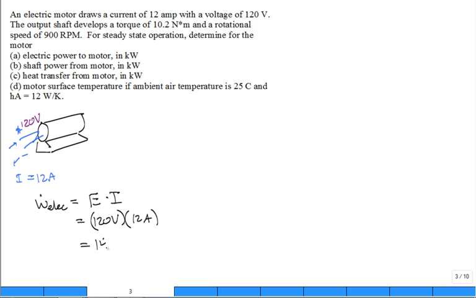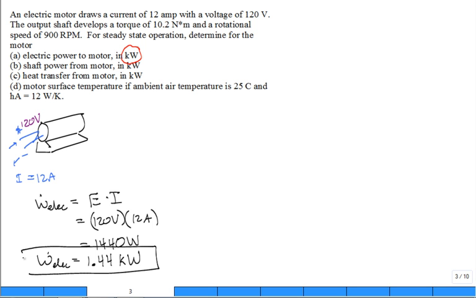Is that 1440 watts? A volt times the amp is a watt. And they said we want the answer in kilowatts. So the electric power is 1.44 kilowatts. Box it. Make sure there's a dot on top of that W. That indicates a power. And that's the answer to part A.